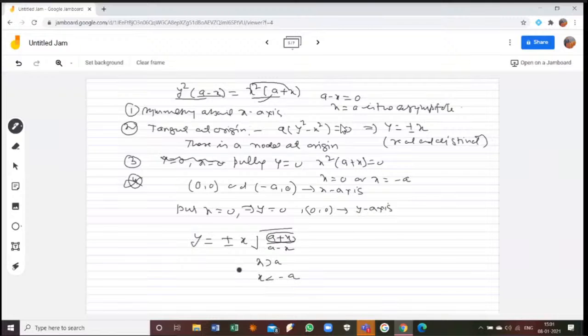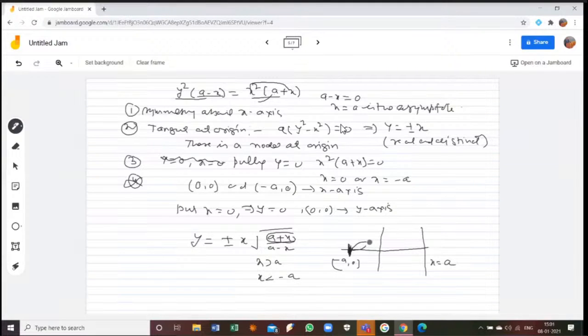So keeping all these things, if you trace the curve, this is x is equal to a, the asymptote, and here is the point minus a, 0. The curve will start from here, and you can find the tangent at this point also, so that you could know what is the beginning of the curve, whether the curve will begin like this one.